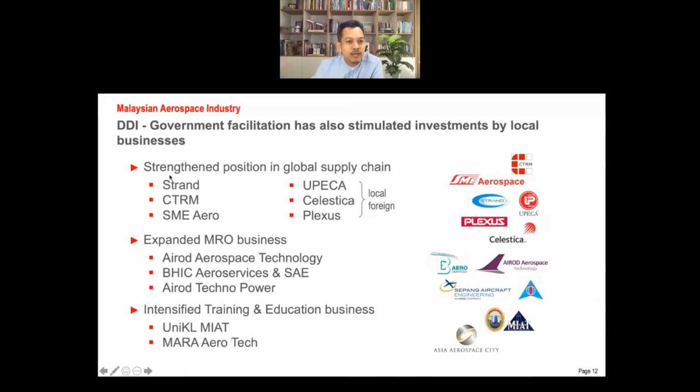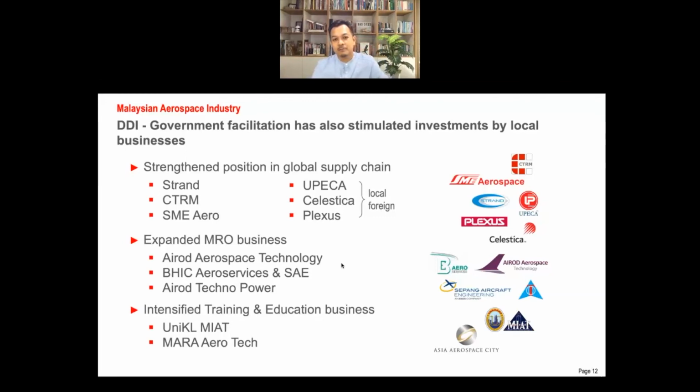So what we have done through the strategy is basically to strengthen our position in the global supply chain. We have a company in engineering and design services such as Strand Aerospace. This company was actually formed in the UK, and then they have Strand Malaysia, right? Through Strand Malaysia, we managed to secure engineering and design work packages from the UK to Malaysia.